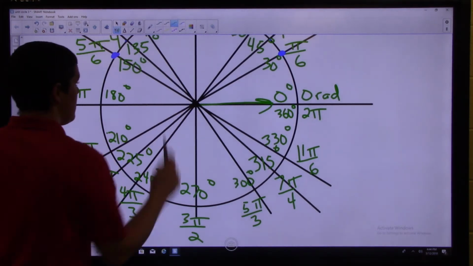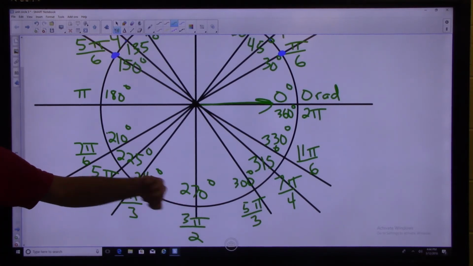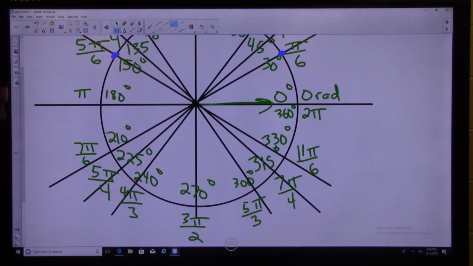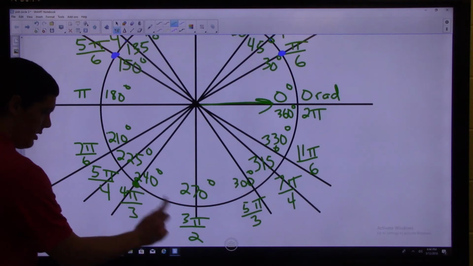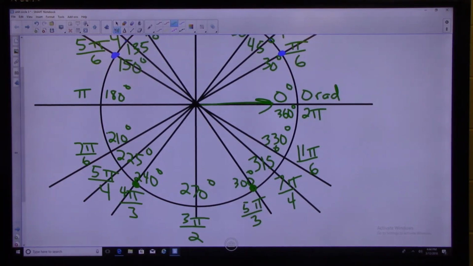Which angles will give us a sine ratio of -√3/2? Hopefully you found this angle and this angle. Those two give us sine ratios of -√3/2.